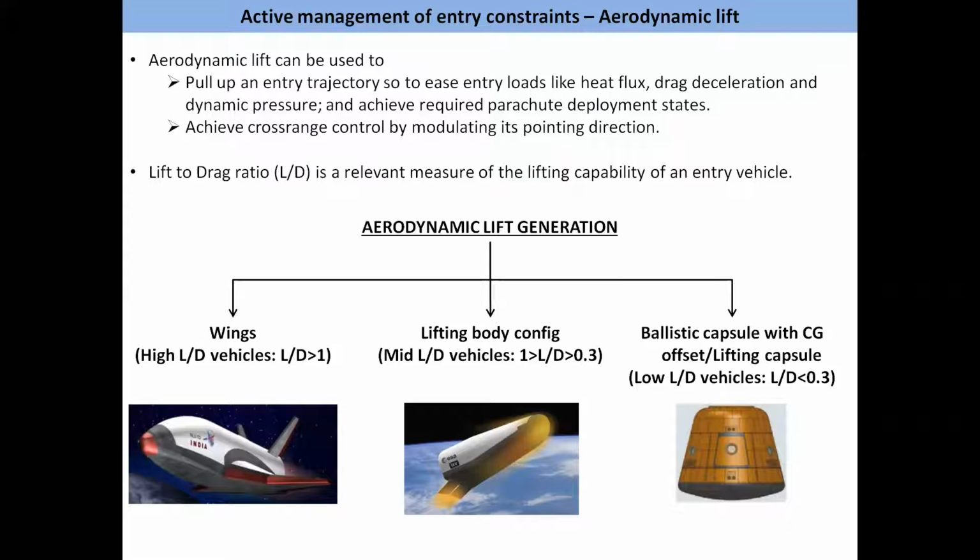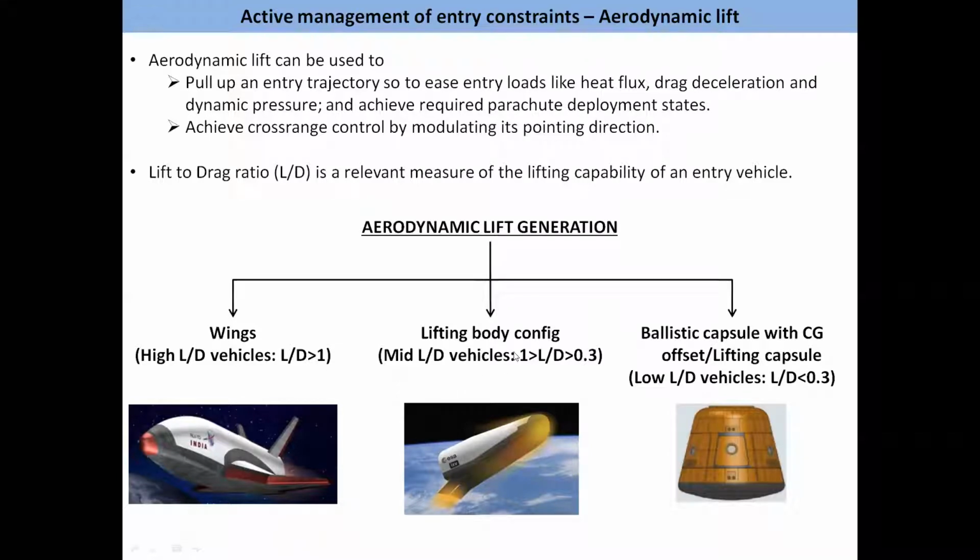Now, lift-to-drag ratio is the relevant measure of the lifting capability of an entry vehicle. When you see how entry vehicles generate lift, you can classify it into three types. First, with wings: these are the vehicles that have the highest L/D ratios, typically more than one. That is, lift is always more than drag.